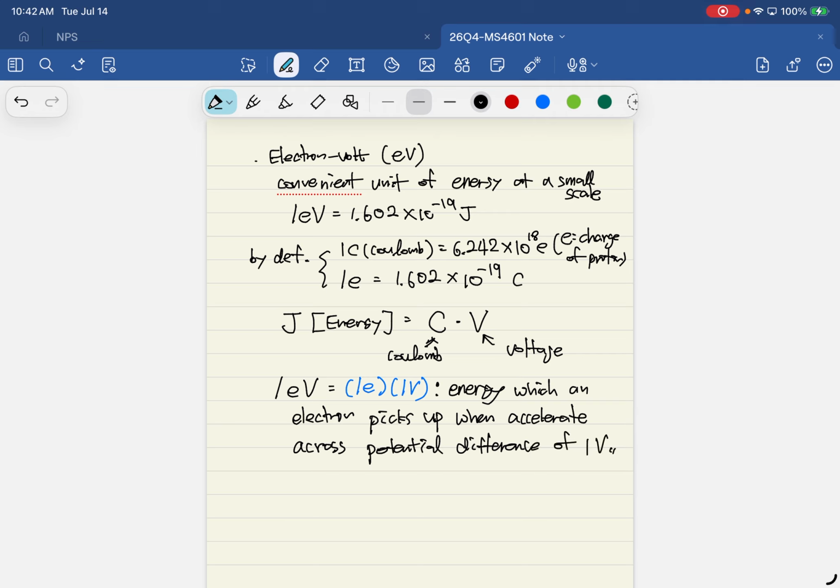So this is the 1 electron volt definition: the energy required for an electron to accelerate under the potential difference of 1 volt.